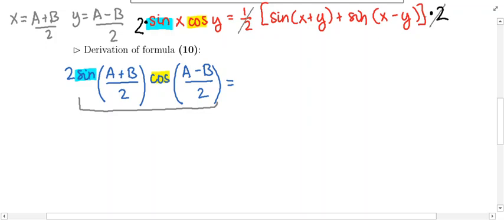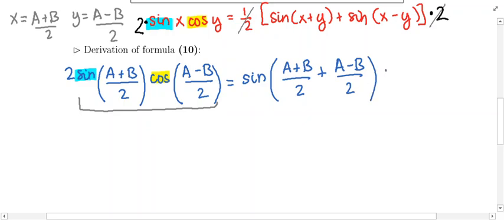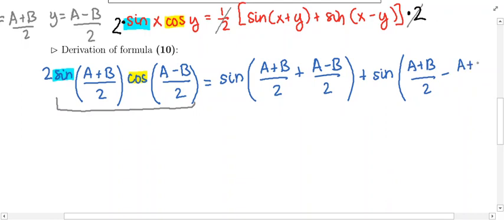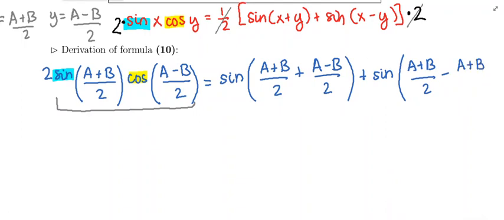So we are going to be left with, according to this identity, the sine of x plus y. The sine of x is a plus b over 2, plus y is a minus b over 2, plus the sine of x, which is a plus b over 2, minus y, which is a minus b over 2.